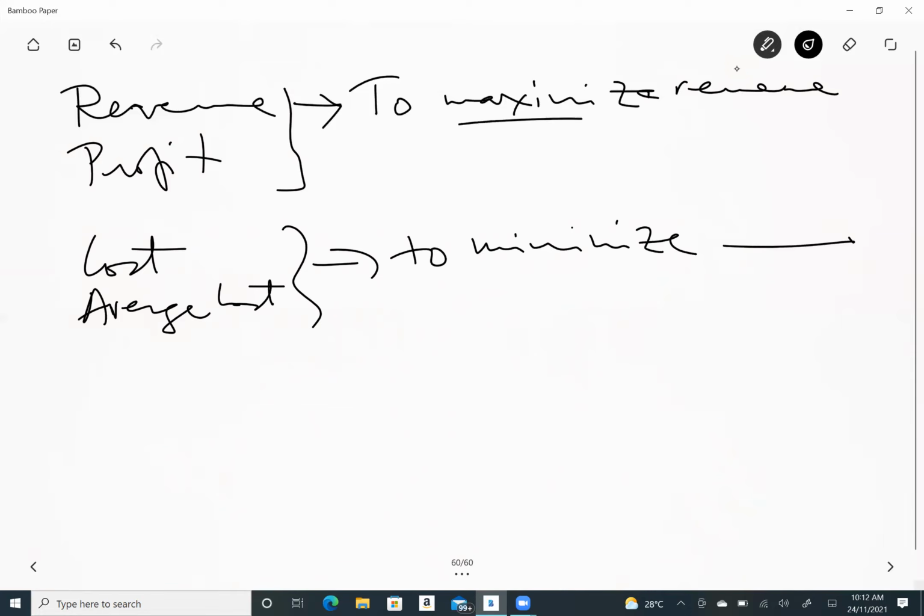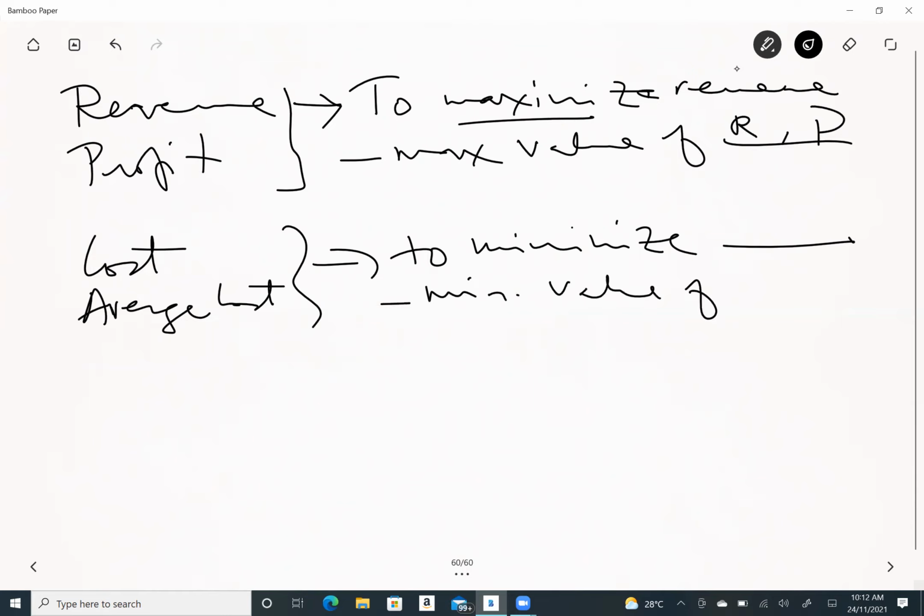So when you want to maximize, what you want to find is the maximum value of whether it is revenue or profit. So here you will minimize. You want to find the minimum value of cost or average cost. And then you want to find the output level that maximizes the revenue or the profit.